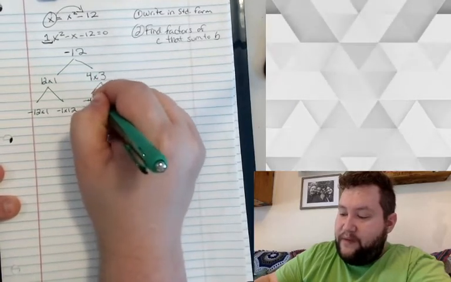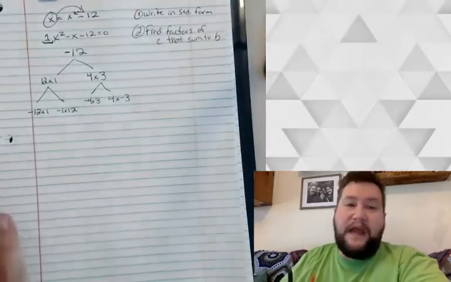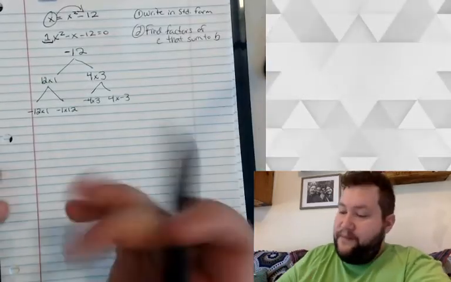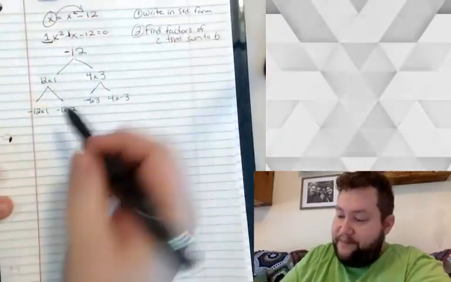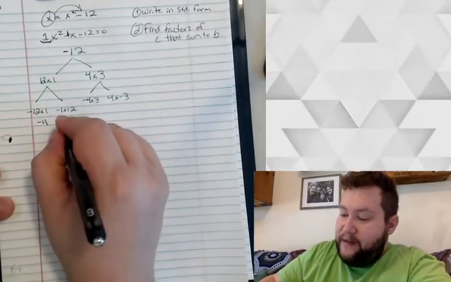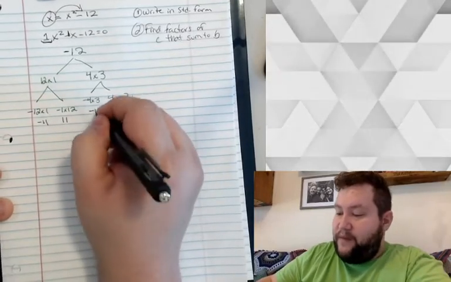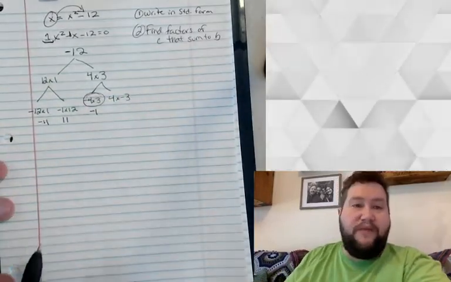Negative 4 times 3 or 4 times negative 3. And we need to know which of those sum to negative 1. Well, that sum is negative 11. This is positive 11, negative 1. Well, that's what we want. So we have a negative 4 and a 3.